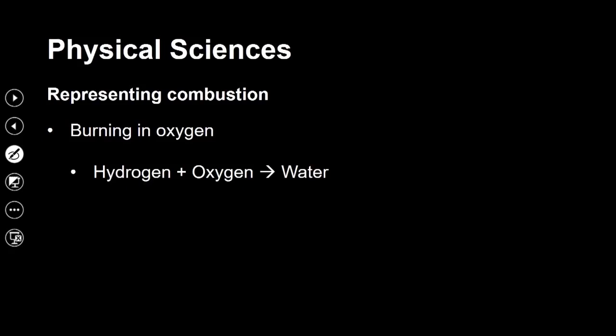The hydrogen consists of molecules of this sort, plus oxygen, which is slightly bigger, but both of them are molecules of an element. The arrow that points from left to right shows us that if these two react with each other, they give us a product, which is water.